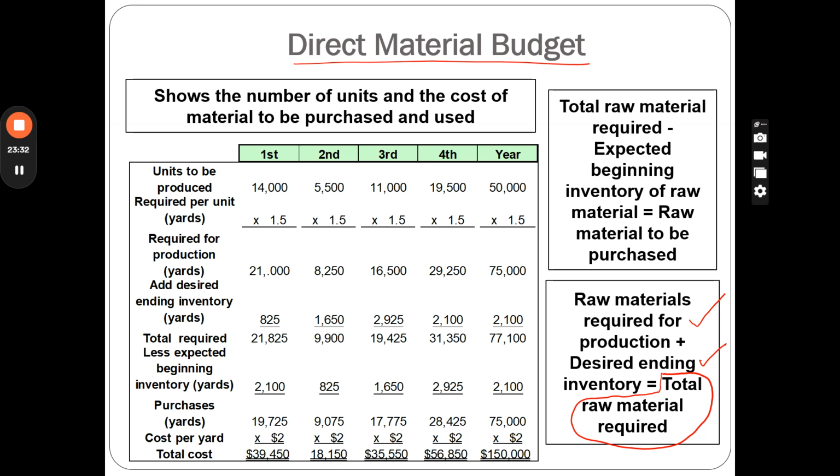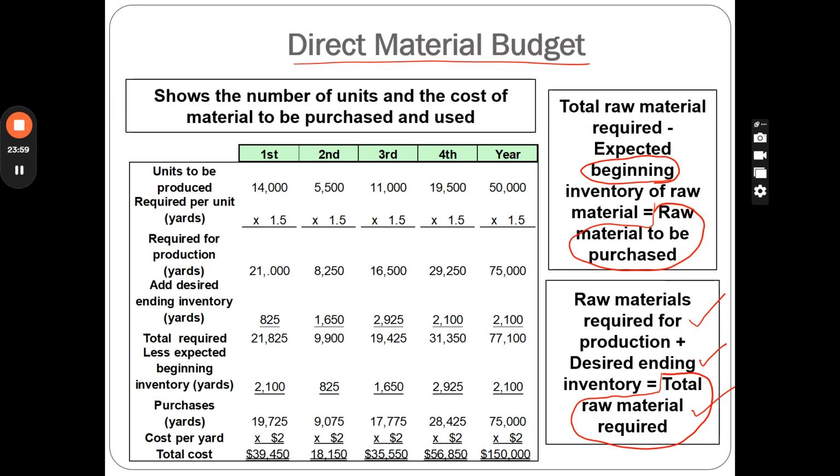How many units of materials. If you add this together, we will know total material required. From that we will minus the beginning inventory you have for the raw material. If you minus that, we will have an understanding about how much raw material needs to be purchased.